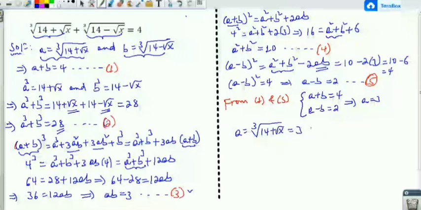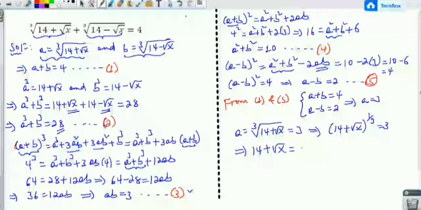So the cube root means 14 plus root x, the whole to the power 1 over 3, equals 3. Taking the cube of both sides, it gives us 14 plus root x equals the cube of 3, which is 27.